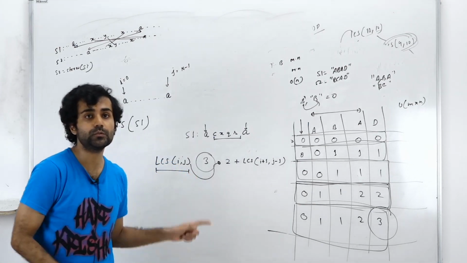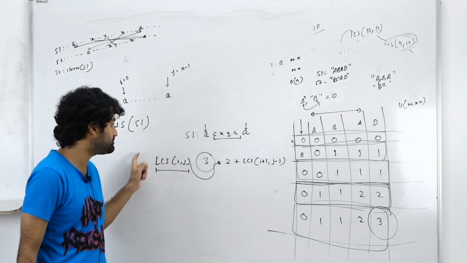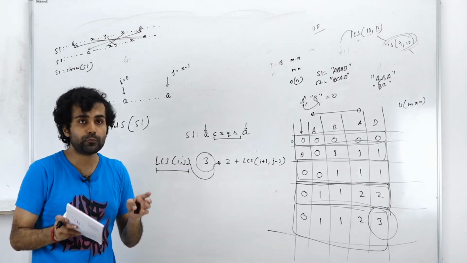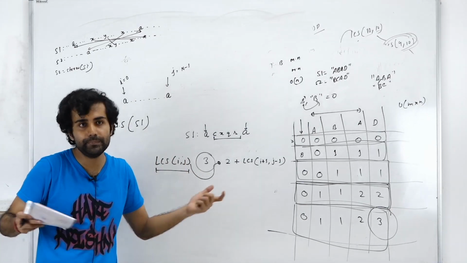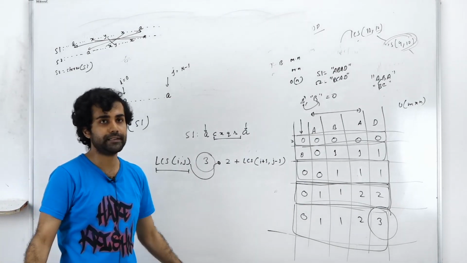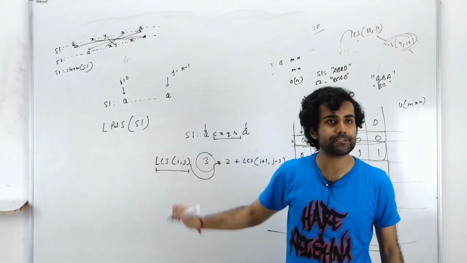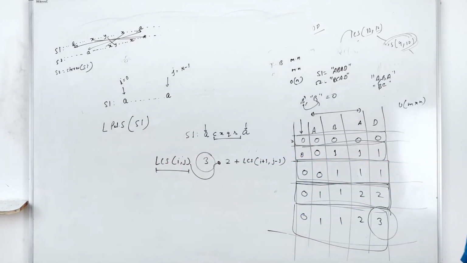Guys, the day you understand how to talk about the physical significance of dp ij in different problems, solving the problem will be very easy for you. So will it have the same significance as the last problem, or will it have a different significance? Just type in same or different. Can you quickly type that out?